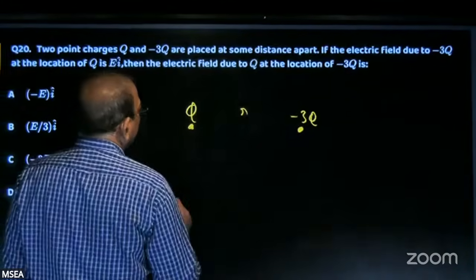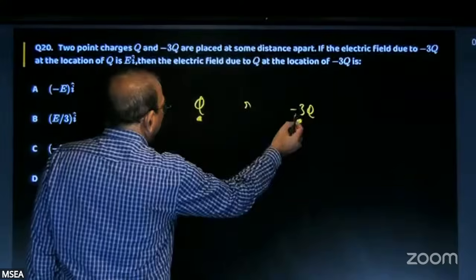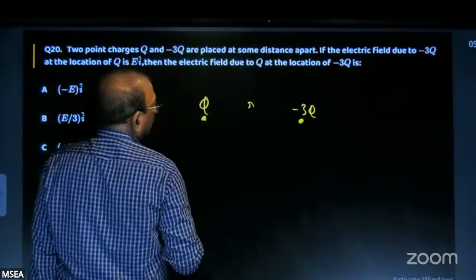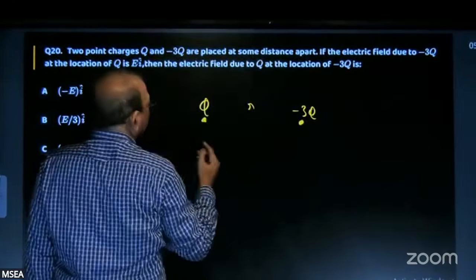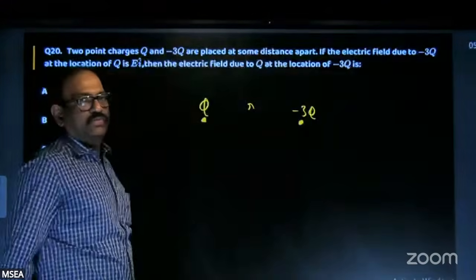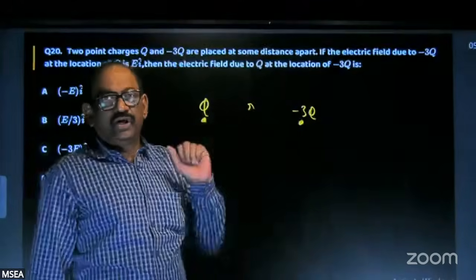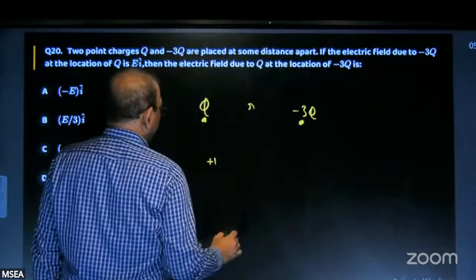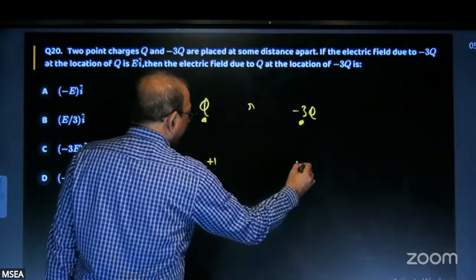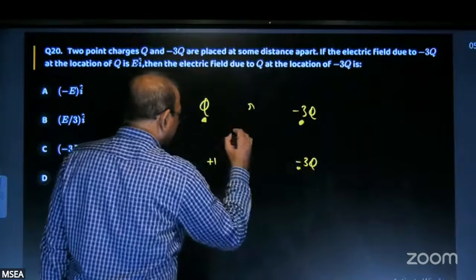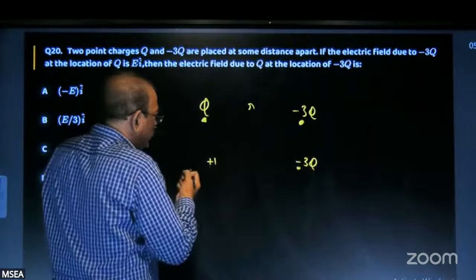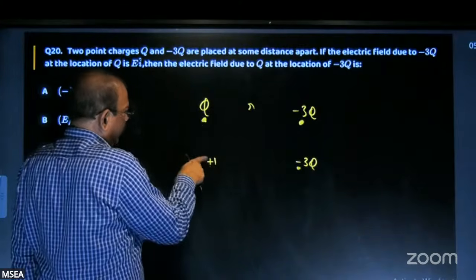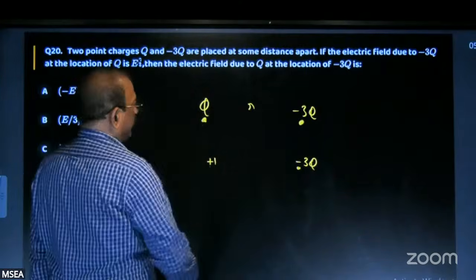What does it mean? Electric field at the location of q due to minus 3q. What is meant by electric field? Force experienced by unit positive charge. Means at the location of this q, suppose there is a unit positive charge, due to this minus 3q, this unit positive charge will experience some force. That is the intensity of electric field at this location due to minus 3q.